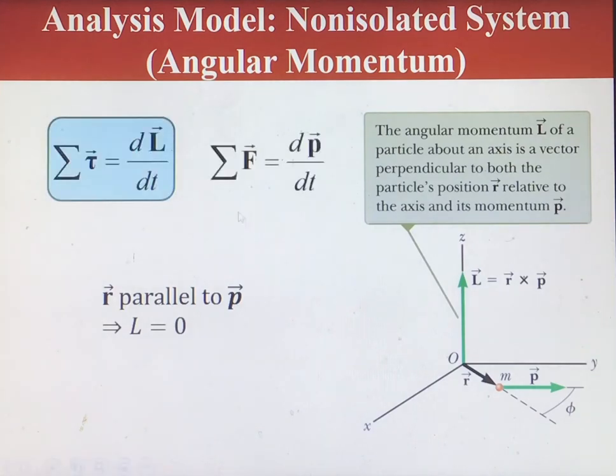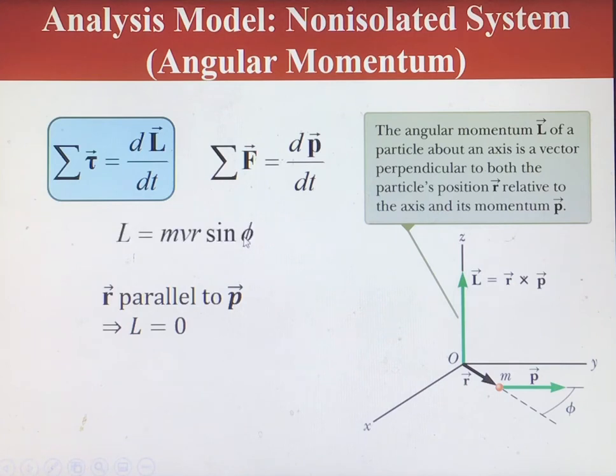Generally we can write Newton's law for rotational motion. It says that the sum of the torque must be equal to the change in the angular momentum with respect to time. And this is Newton's law for linear motion: the sum of the forces is equal to the change in the momentum vector as a function of time. For rotational motion, the sum of all the torque is equal to dL by dt.